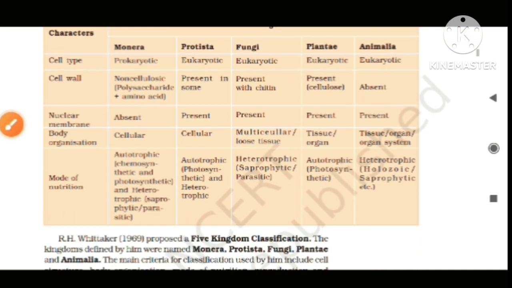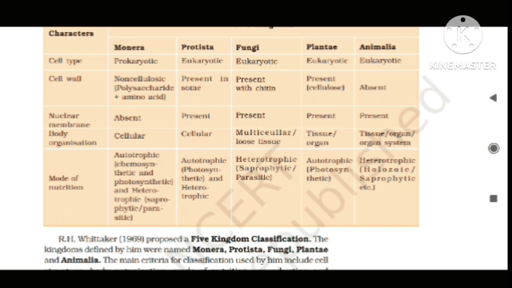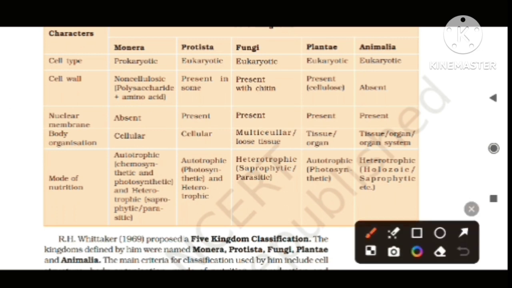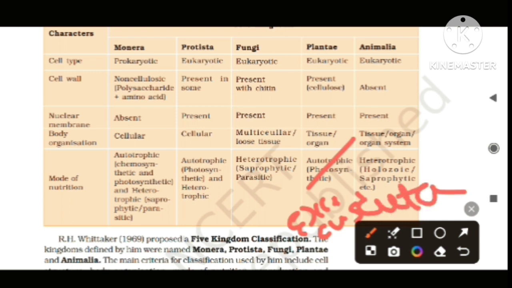They are all autotrophic, but exceptions are there, like Cuscuta. You have heard about it? Cuscuta is a parasitic one.